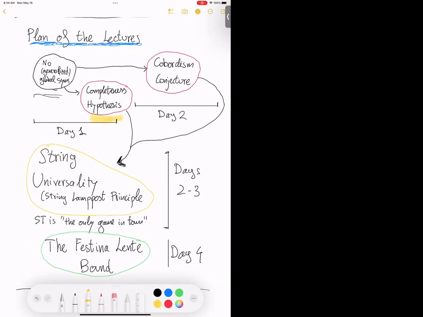The completeness hypothesis allows you to use Swampland principles to predict new particles. It's the simplest Swampland principle that allows you to predict new particles, which is very, very interesting. That will be what I basically cover today, if I have time. If not, we'll run into the second day. There's no problem.